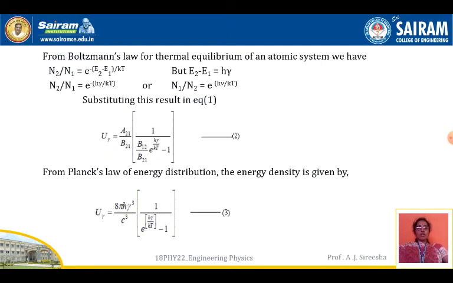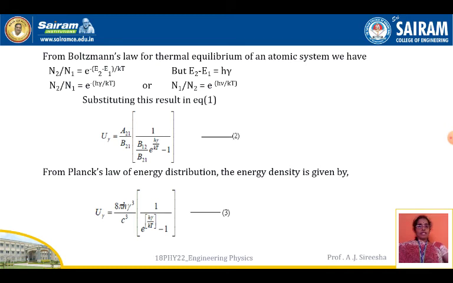Now from Boltzmann's law of thermal equilibrium of an atomic system, we have N2 by N1 is equal to e to the power of minus (E2 minus E1) by kT, where k is the Boltzmann constant and T is the temperature. But we know that E2 minus E1 is nothing but h nu. Substituting this, N2 by N1 is equal to e to the power of minus h nu by kT.